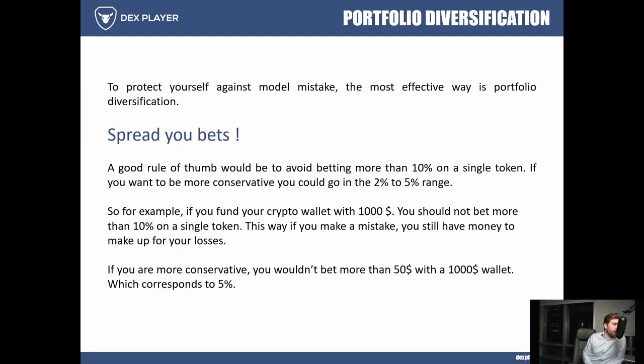For example, if you have a crypto wallet with $1,000, you should not bet more than $100 on a single token. This way, if you make a mistake, you still have money to make up for your losses. If you want to be more conservative, you wouldn't bet more than $50 on a $1,000 wallet, which would be 5%.